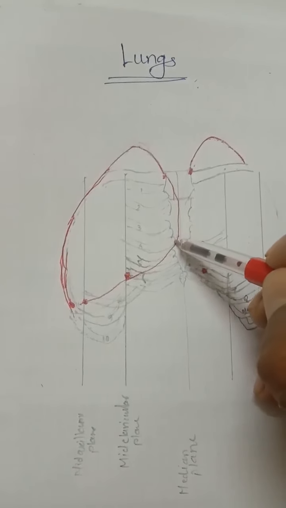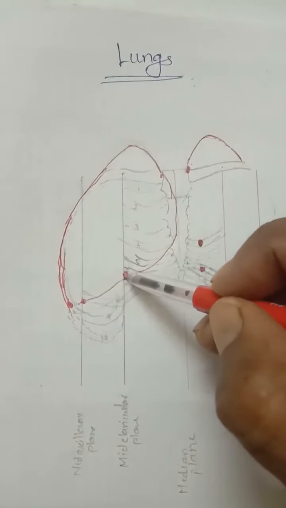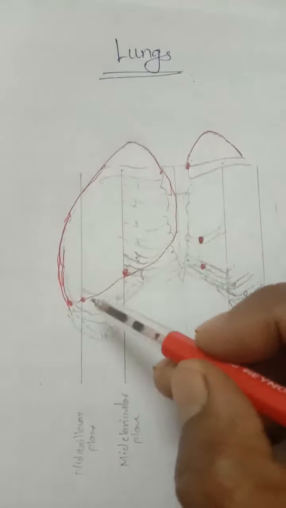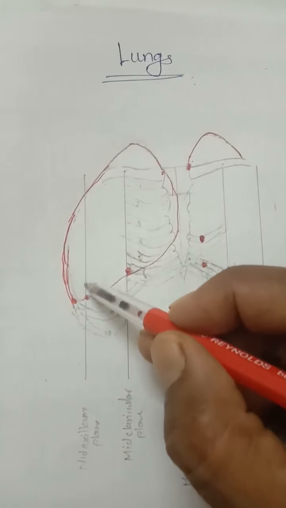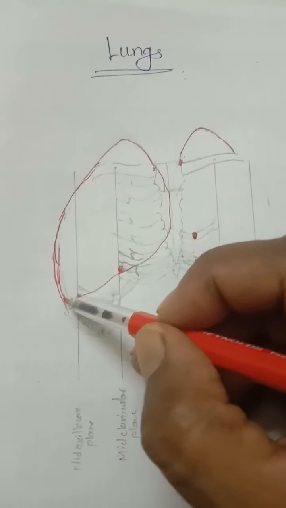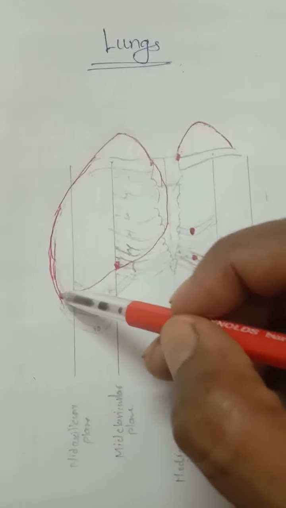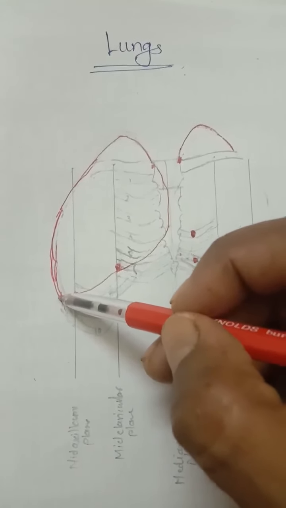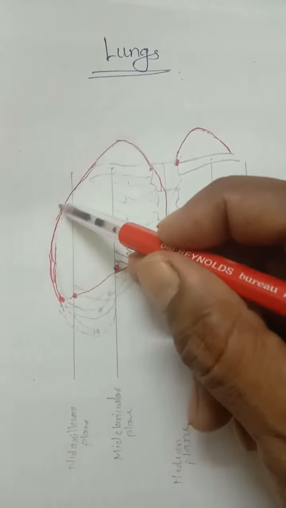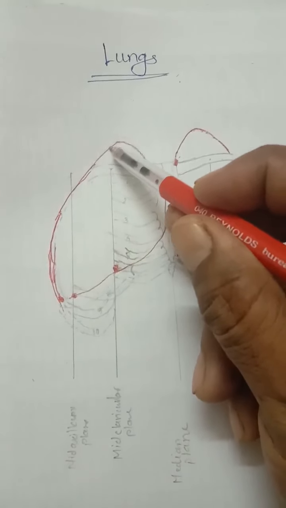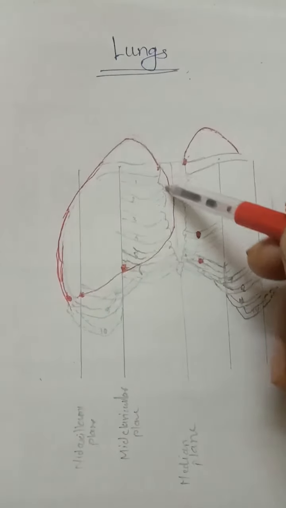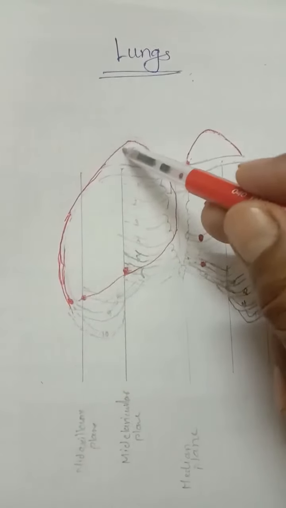From the median plane it should intersect the 6th rib, which is present on the midclavicular line, then the 8th rib, which is present on the mid axillary line, and the 10th rib, which is present just lateral to the erector spinae muscle. And then it goes upward and joins the lateral margin of the apex of the lung. So in this way, the right lung should be drawn.